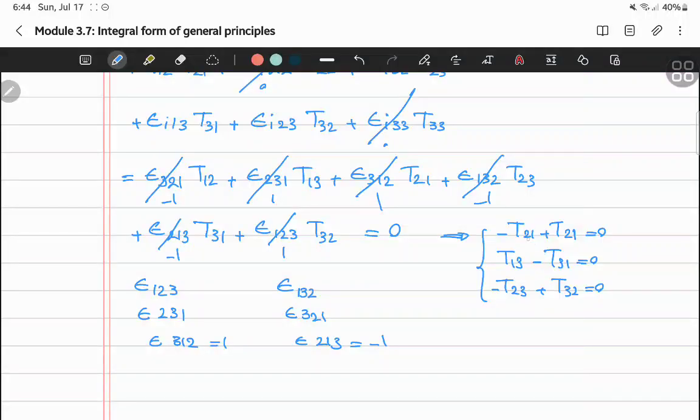So this means that t12 is equal to t21, t13 is equal to t31, and t23 is equal to t32.